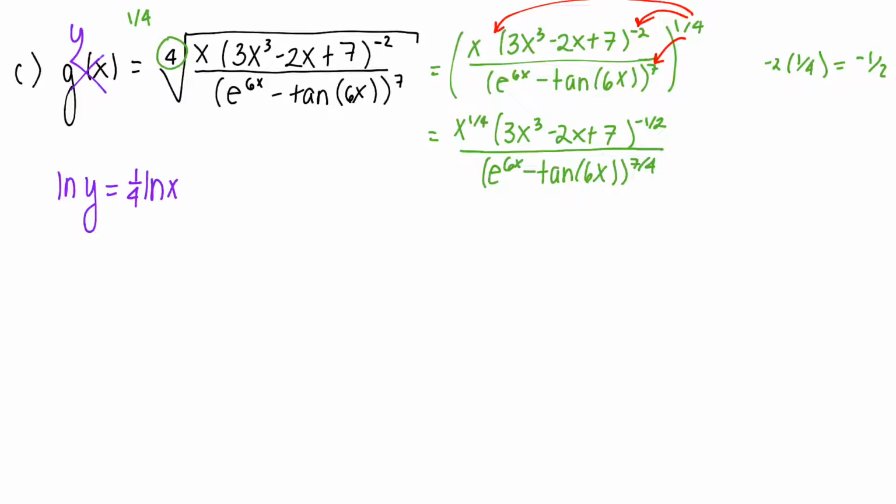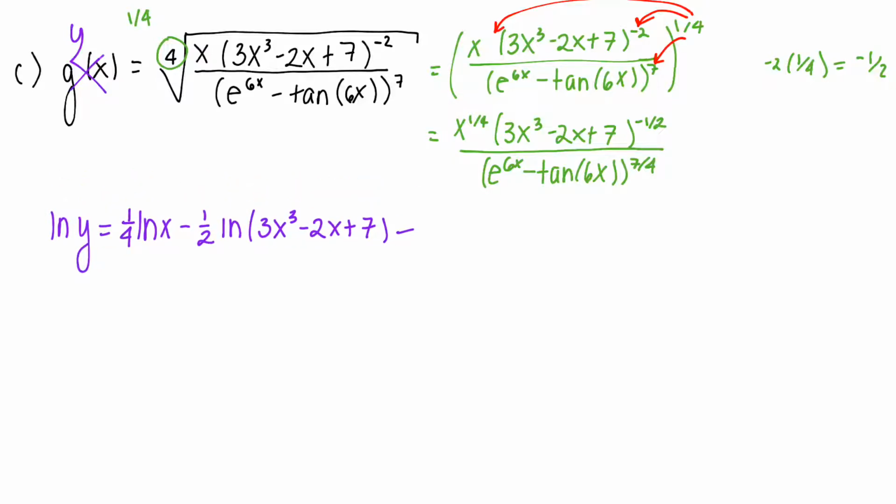And then this would be a plus, but because the exponent is negative, I'm going to write minus 1/2, because plus and negative is the same thing as subtracting, ln 3x cubed minus 2x plus 7, minus 7/4 ln of e to the 6x minus tangent of 6x.